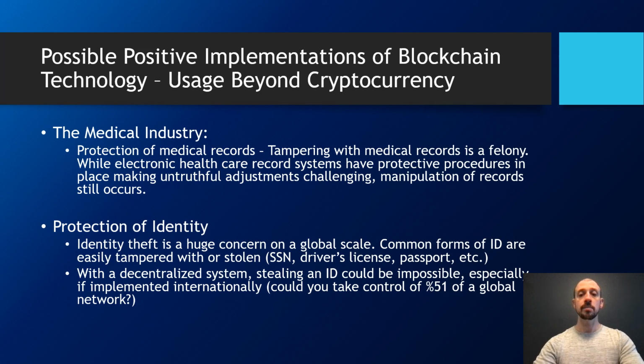With blockchain being decentralized, falsifying an ID on this would be nearly impossible, as any attempt to alter this ID would mean an alteration to an entire network. If the network were to be global for something such as a global ID, this would almost certainly be impossible by today's standards, therefore protecting an individual's identification.